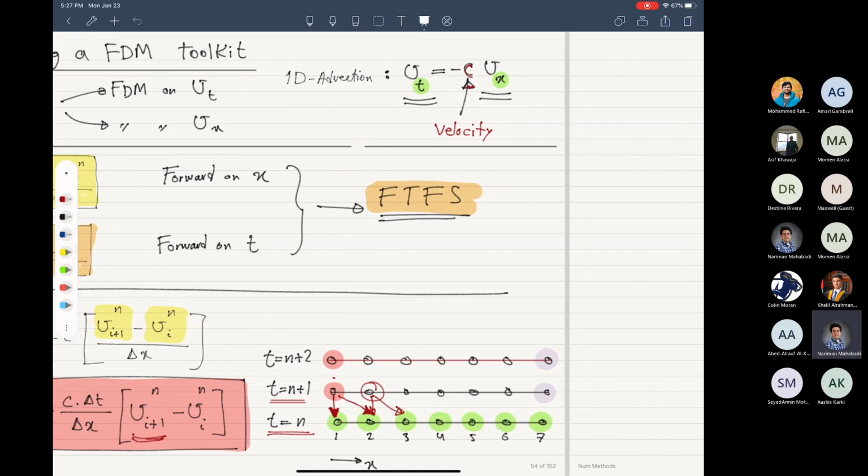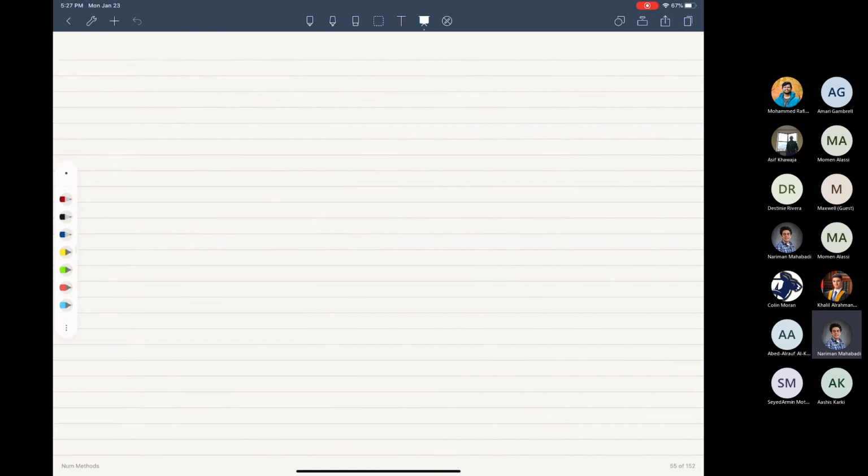Okay, let's see how this works. I write the equation one more time here so we can go through this equation step by step. This is FTFS on 1D advection. What is the final form?